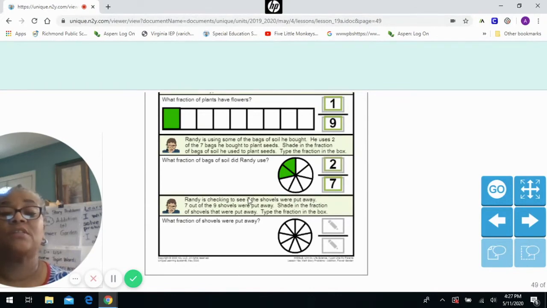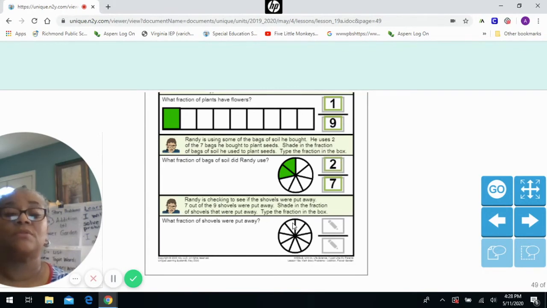Randy is checking to see if the shovels were put away. 7 out of 9 shovels were put away. Shade in the fraction of shovels that were put away. Type the fraction in the box. So we said he had how many of the shovels? Blank out of 9. So he had 9 altogether.